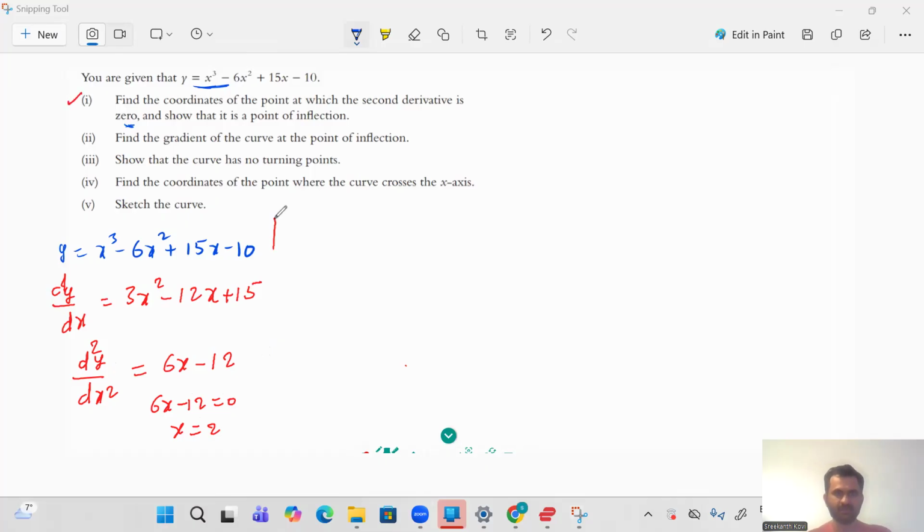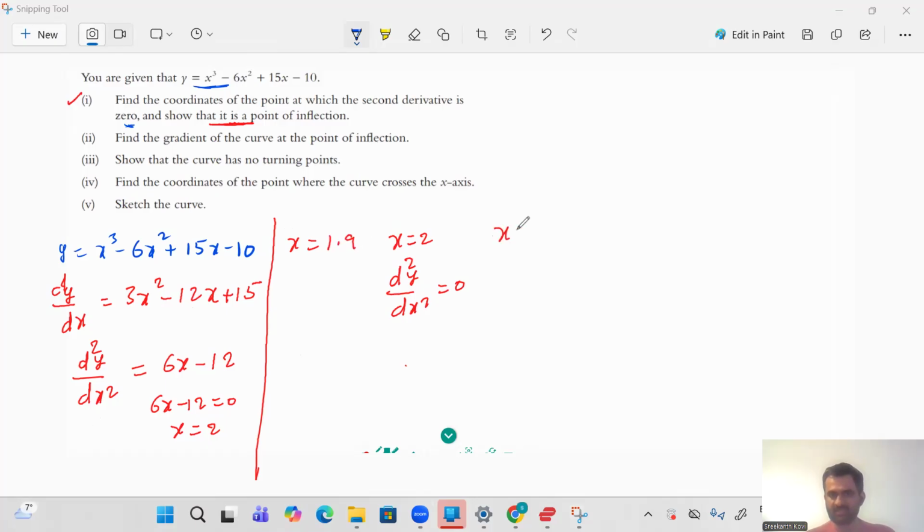And second part, find the gradient of the curve at the point of inflection. Still we have to prove that it is a point of inflection. To prove that it is a point of inflection, at x equal to 2, d squared y by dx square is equal to 0, and you would take a smaller value closer to x.